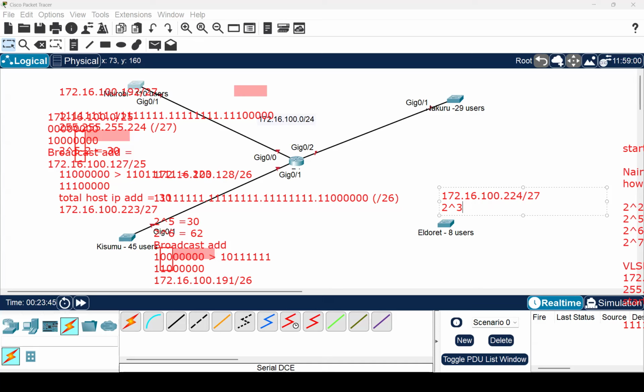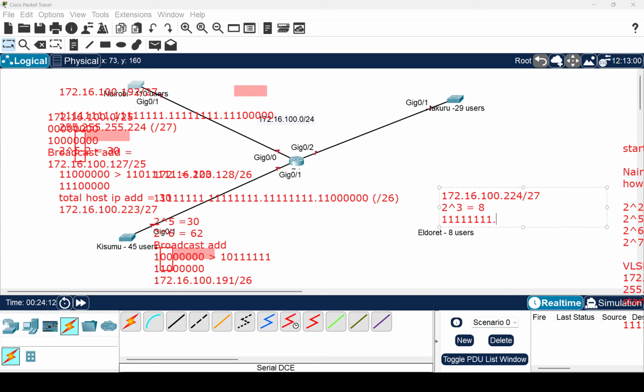Sometimes even simple maths can refuse to cooperate, but that should be 8. So we need 3 host bits to have a minimum of 8. So if we write out our /27 in binary, it should be 1, 2, 3, 4, 5, 6, 7, 8.